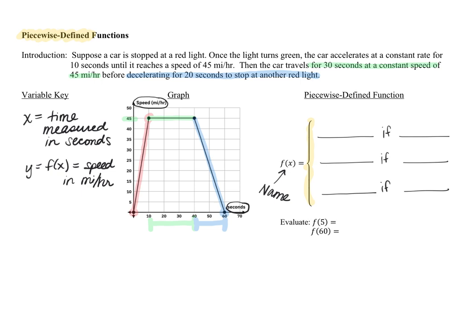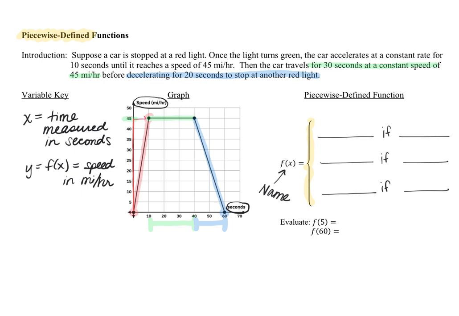So let's begin with the red portion of this graph. So I'll do this work in red to correspond. So the red portion of the graph, we notice that it is linear. It's a line. And if we want to write the equation for a line, then we better know the slope of that line. So you can see that we are going to rise 45 miles per hour.